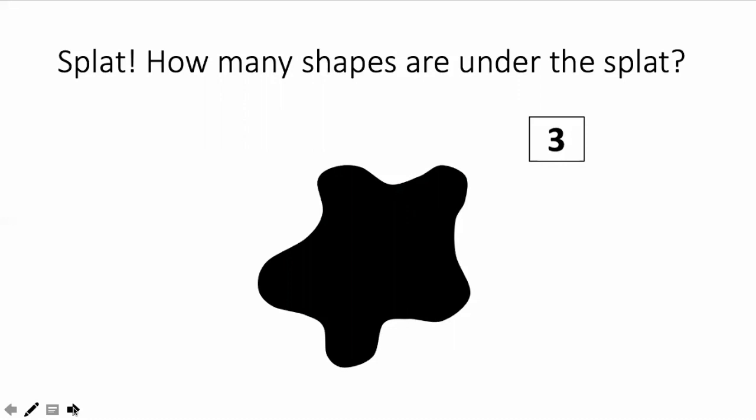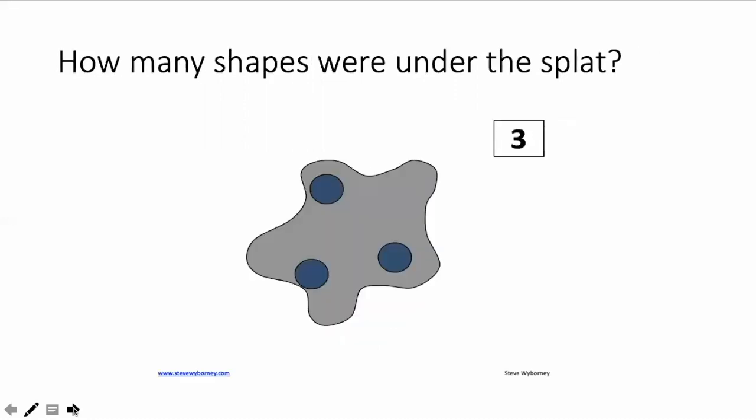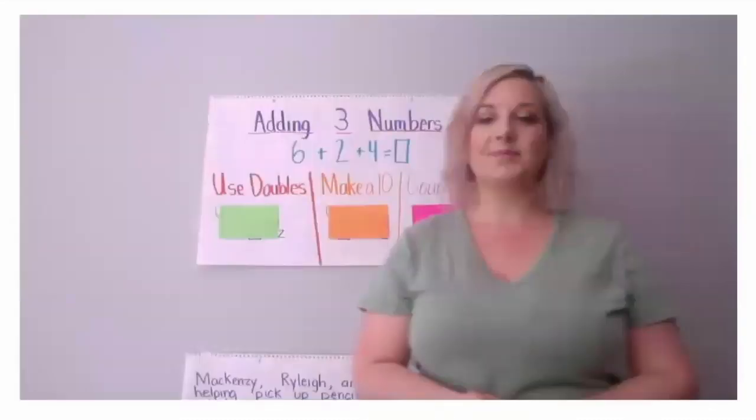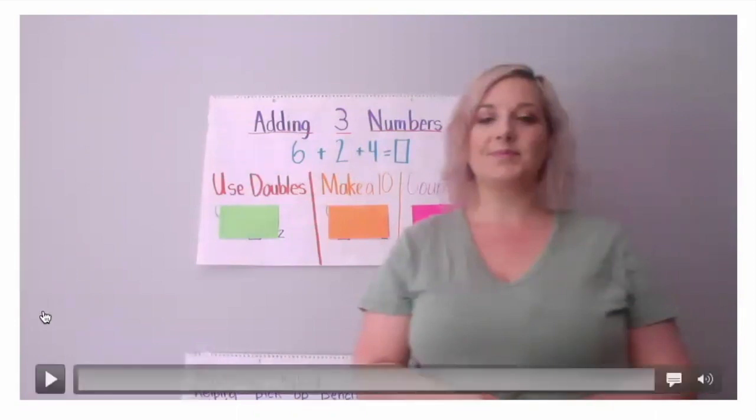Well, we don't have any shapes on the outside of the splat, so how many are under the splat? 3. There were 3, you're right. All right, and now we're going to listen to adding 3 numbers.